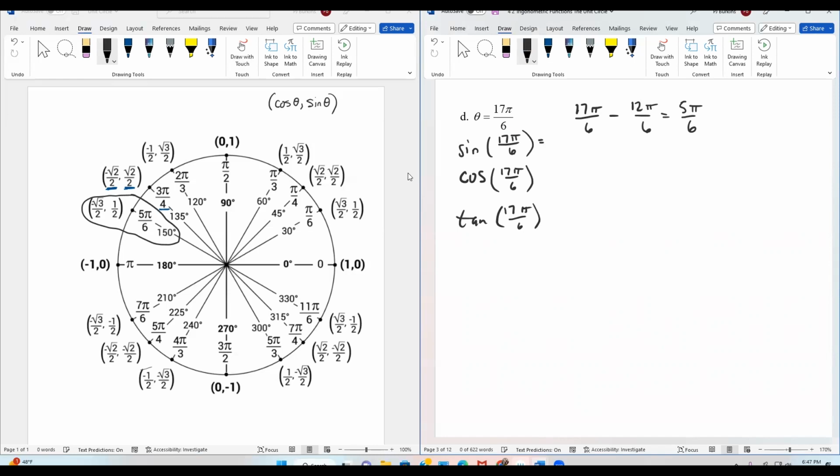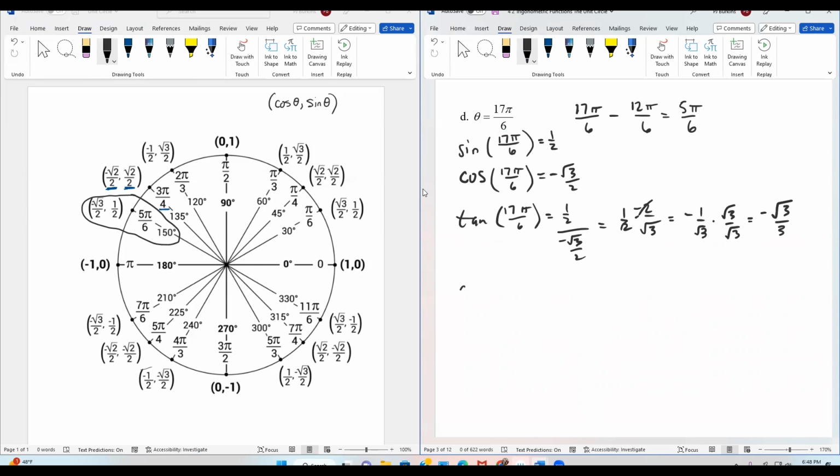So sine is equal to the y component. So that's 1/2. Cosine is equal to the x component, minus root 3 over 2. Tangent is the y over the x. And I'm just going to go ahead and do the flipping and multiplying without saying it every single time at this point, because we've done it so many times that I think you understand what we have to do to get something rationalized.